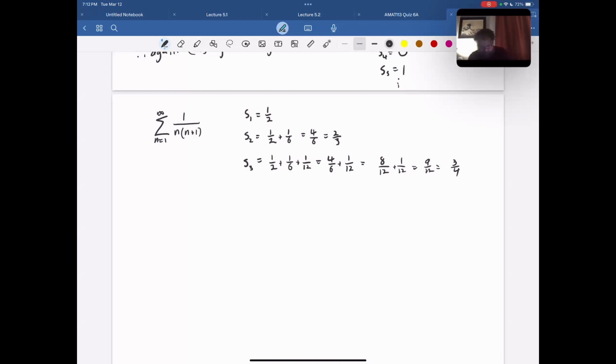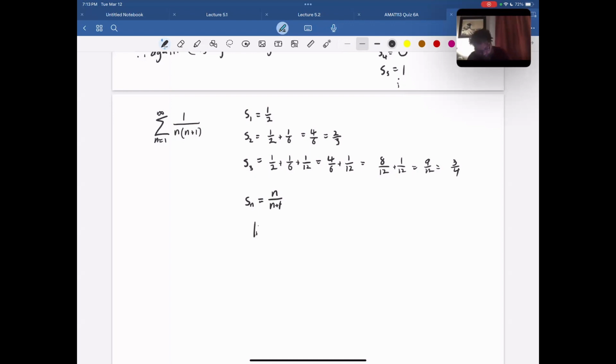Right, and we can see that as the partial sum increases, we get this pattern where the numerator is increasing by 1, and likewise the denominator is increasing by 1. Right, and so in general, the kth partial sum is just going to be n over n plus 1.